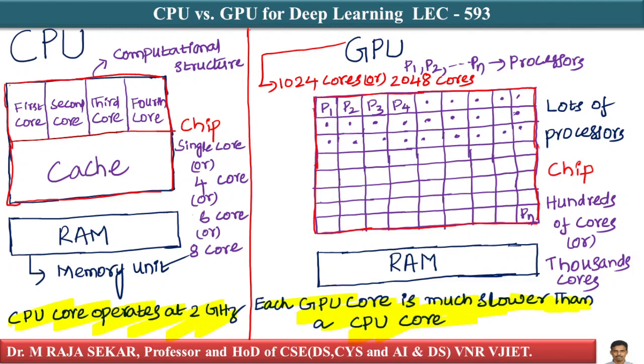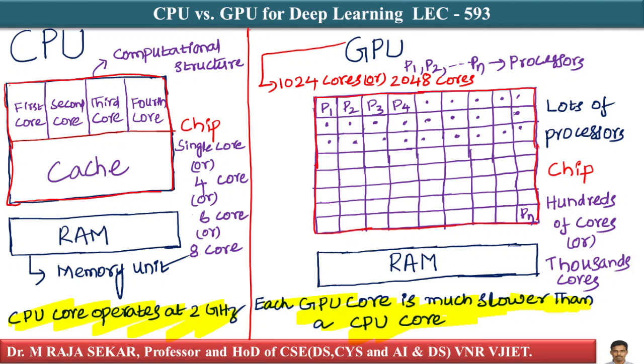Your CPU typically operates at 2 gigahertz, and 1 gigahertz equals 1024 megahertz, isn't it? So your GPU cores are much slower, but there are many of them.